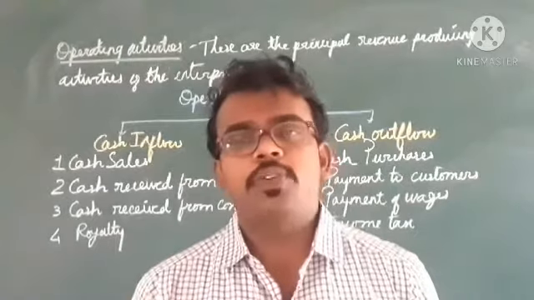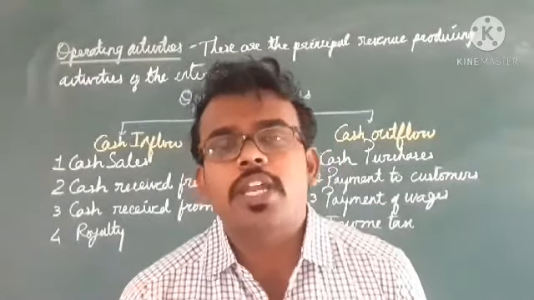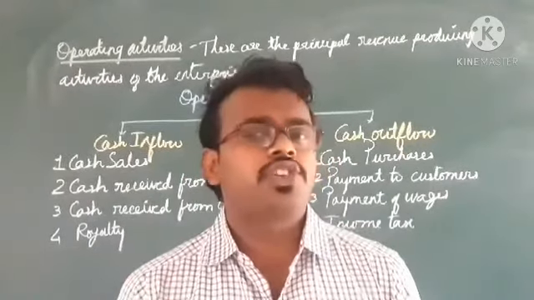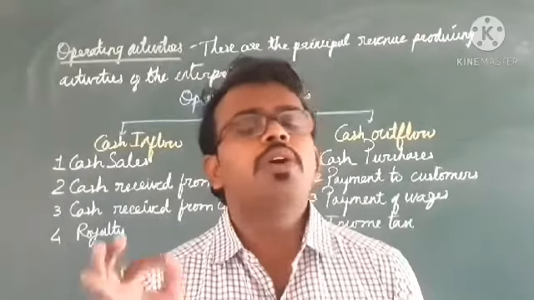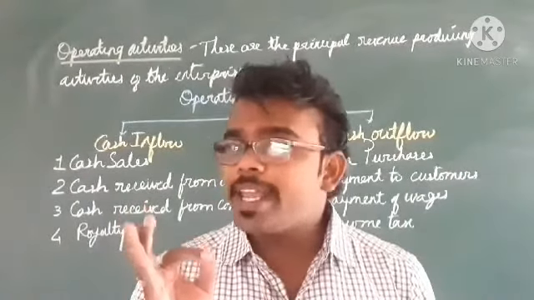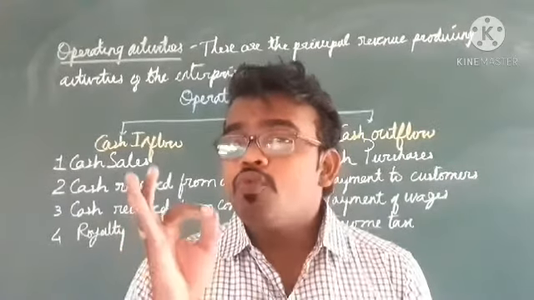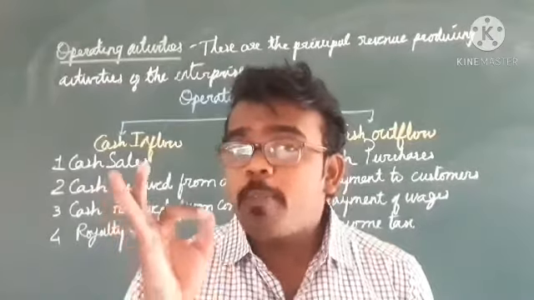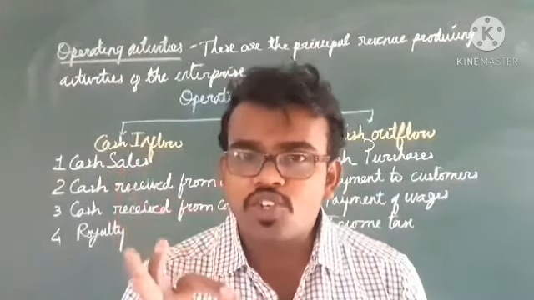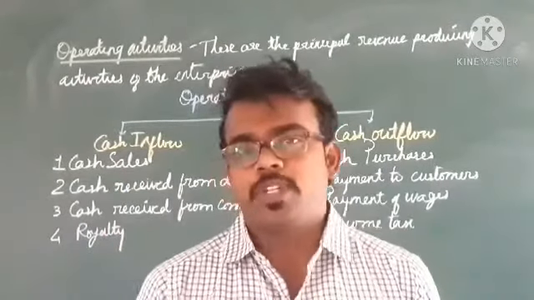What is operating activity? It is a basic function of any business organization. If you want to start a business, what is the basic function? You have to do purchase and sales. So income and expenses, that is the inflow and outflow of cash which is related to purchase and sale of goods and services in an organization, is called cash flow from operating activities.